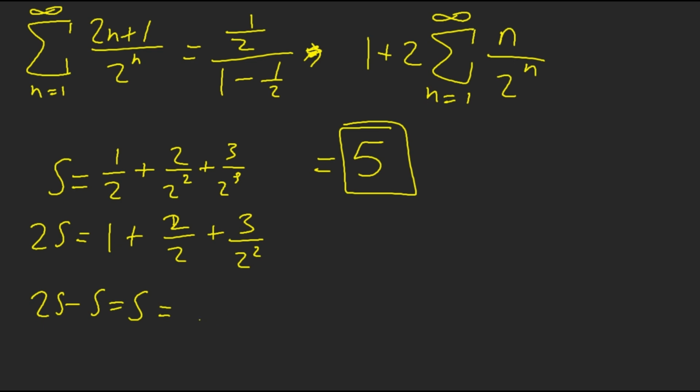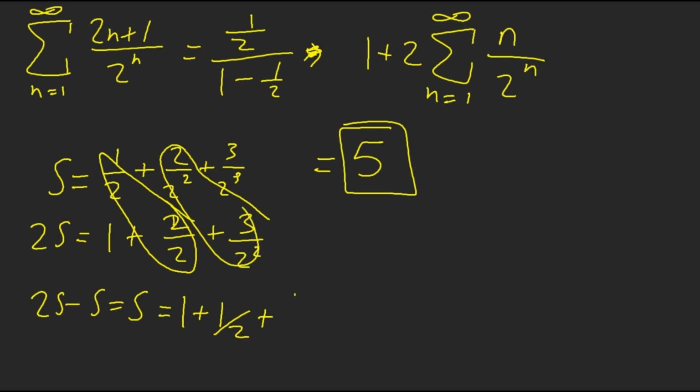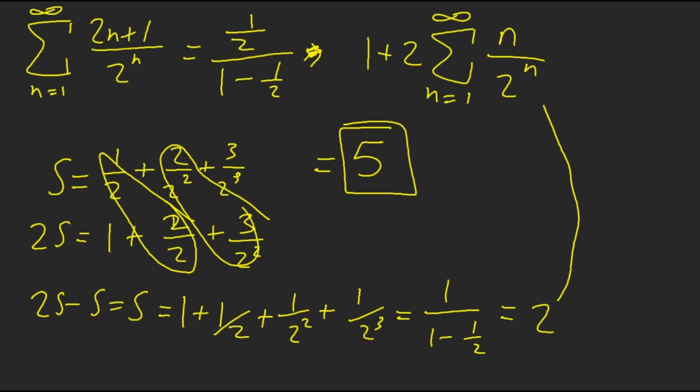This minus that gives me 1 plus 1/2 plus 1/2 squared, and then it becomes a geometric series. This equals 1 over 1 minus a half, which is equal to 2. So that's why this sum here is equal to 2.